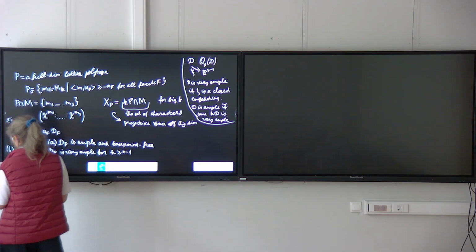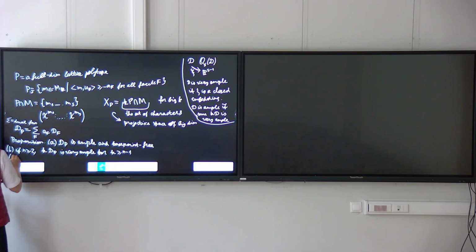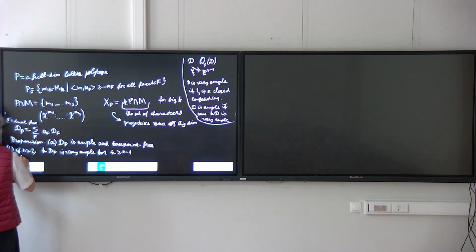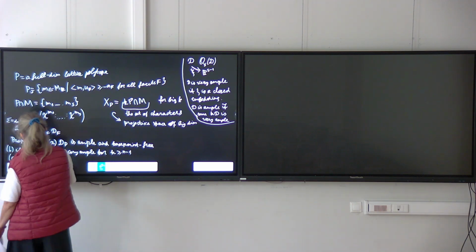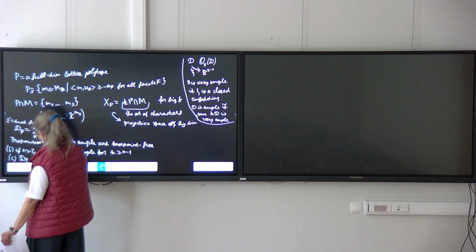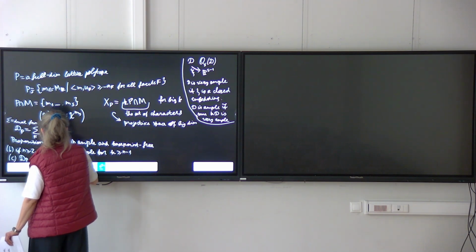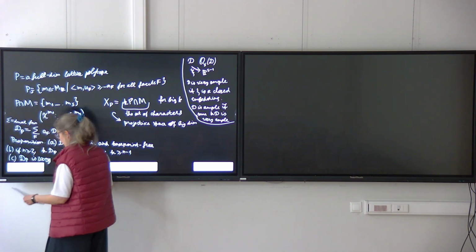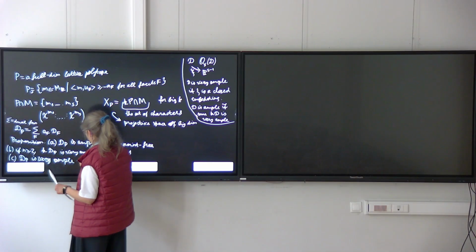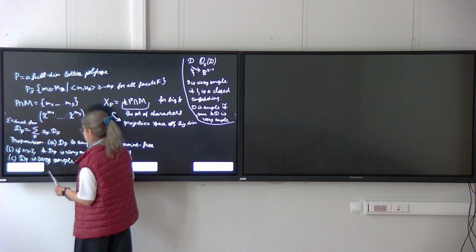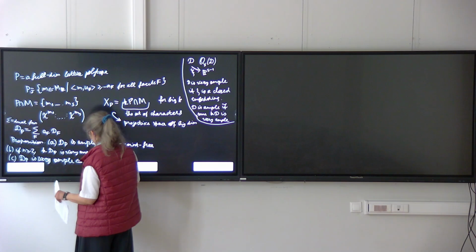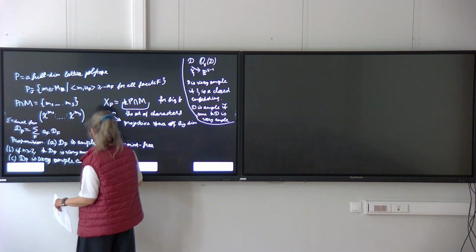And the third, which is the most accessible: DP, it is a divisor, it is very ample if and only if the polytope P is a very ample polytope.